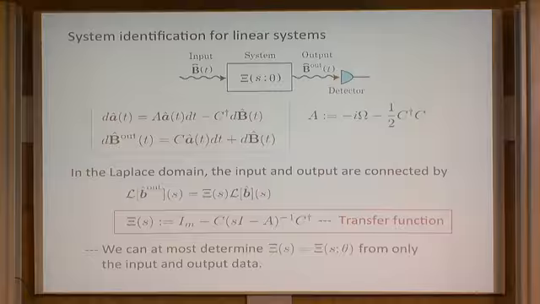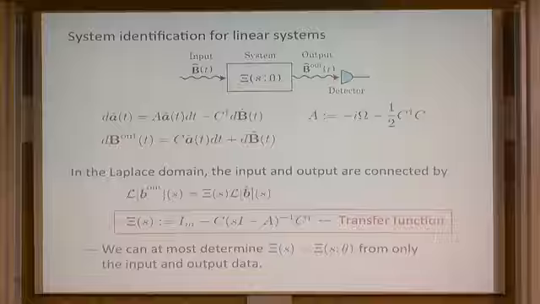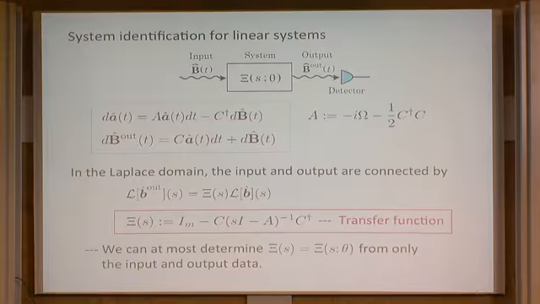They are connected by a very simple relation. And here Ξ(s) is the transfer function matrix, which is characterized by this one. So s is a complex number, and C and A are the matrices appearing in the system equation. So if the system equation is given to us, then we can define the transfer function uniquely. So this is a transfer function.